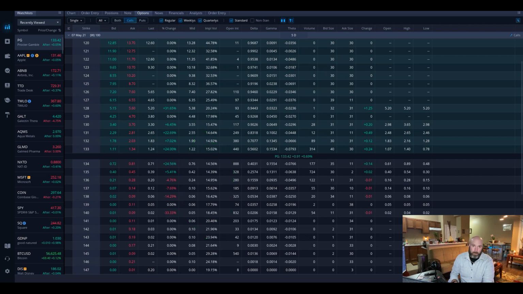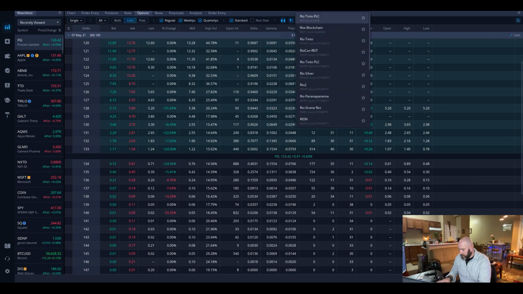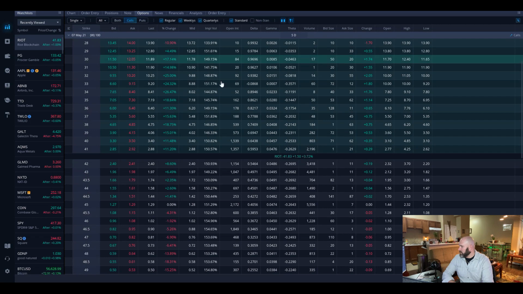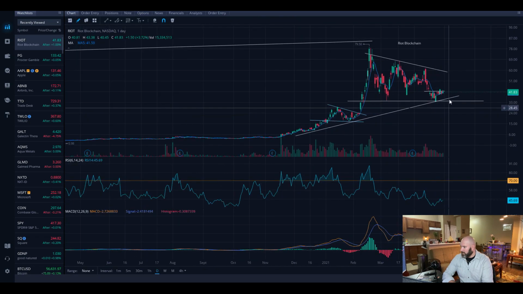Same thing with Coca-Cola, Johnson & Johnson, Merck, things like that. All real low IV. Now, if you go over to, let's say, Riot or Mara, one of these very volatile stocks, now you look at the implied volatility on these, and it's 150%. And that's because you look at its chart, extreme volatility, right?